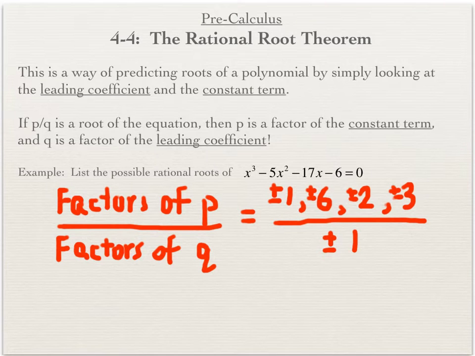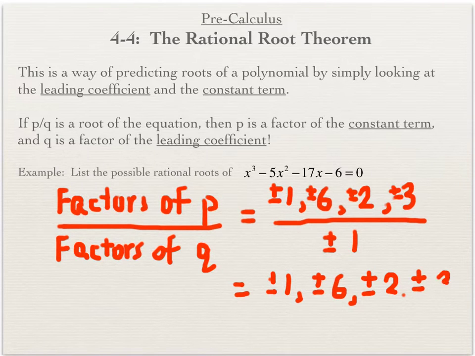Now, what I have to do is mix and match to get all my possible candidates. This one's fairly easy because I only have one value in the denominator. If I had more than one, I'd have to mix and match each of these. But in this particular case, my candidates are plus or minus 1, plus or minus 6, plus or minus 2, or plus or minus 3.